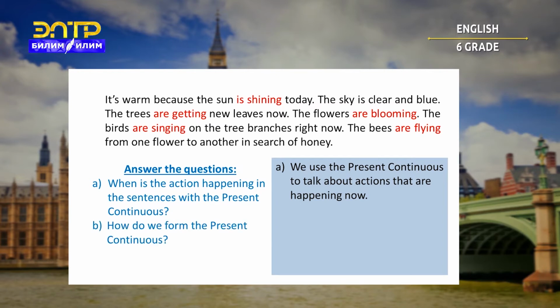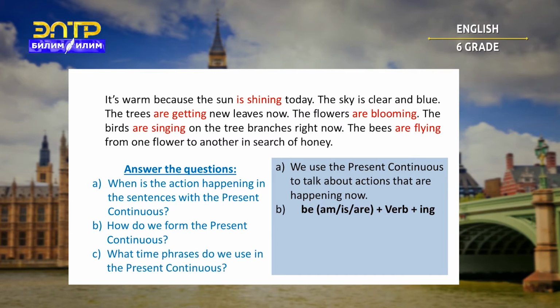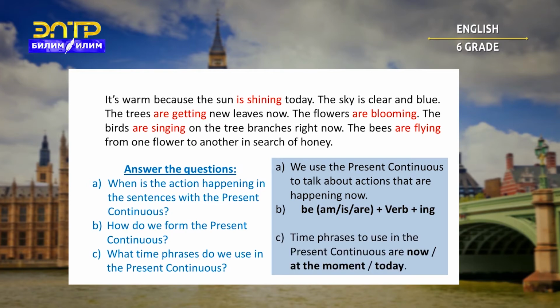How do we form the present continuous? Be, am, is, are forms plus verb plus ing. What time phrases do we use in the present continuous? Time phrases to use in the present continuous are now, at the moment, today.